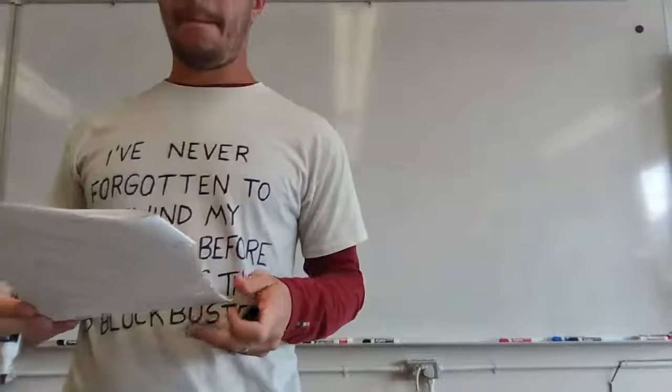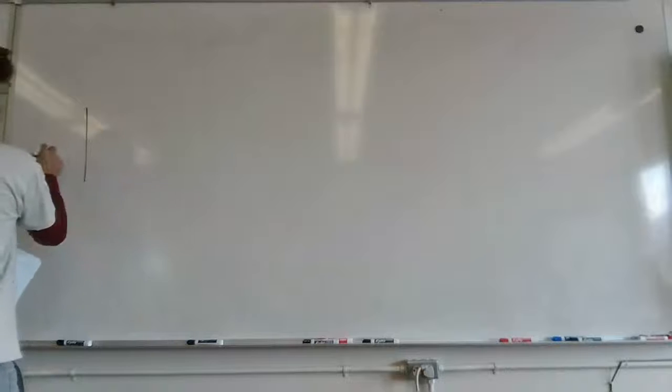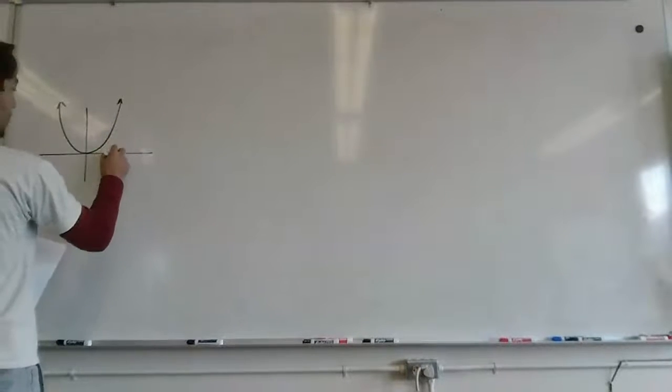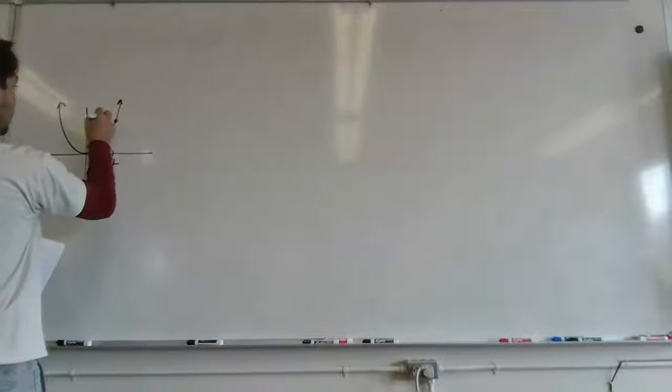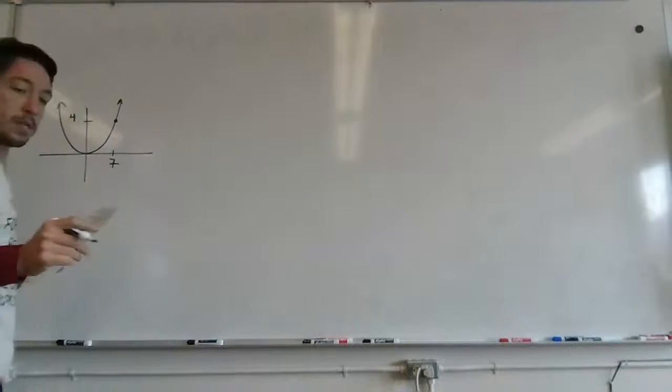Oh yeah, so 5x squared. What we just showed, with all that algebra, is that at x equals 7, the point 7, 49, oh no, I'm sorry.